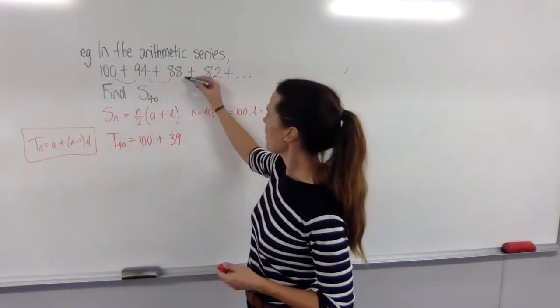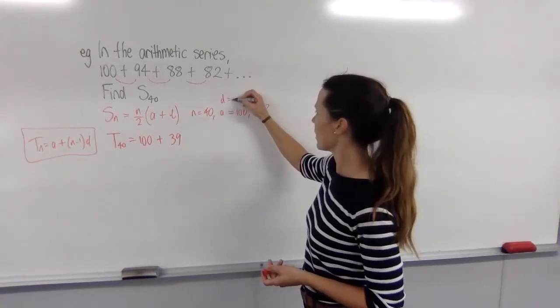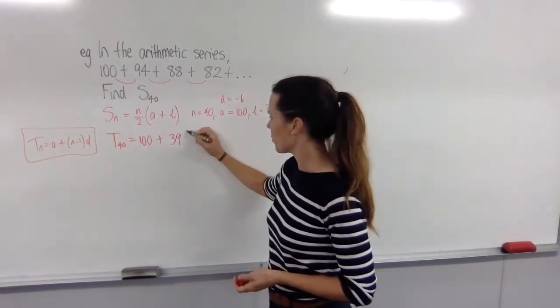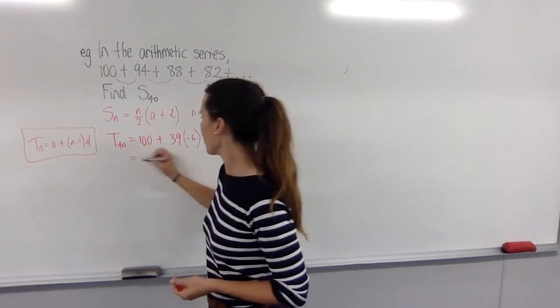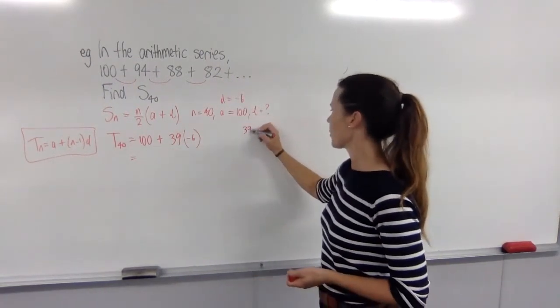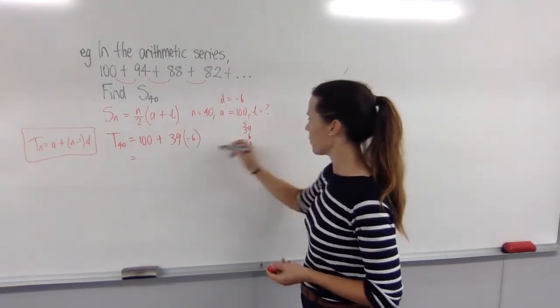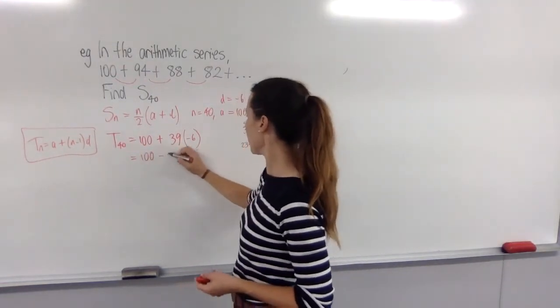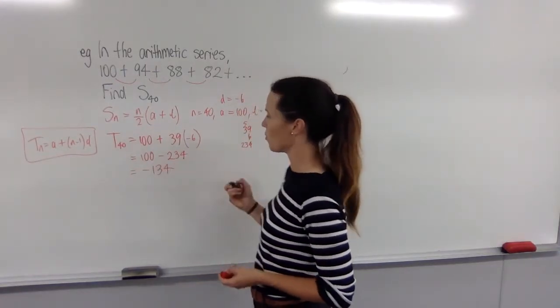What's the difference here? Well, it looks like we're adding minus 6, so I could slot that in here. So we need 39 times minus 6. So you can go ahead there and work that out. I've got 39 sixes is 234, and I've got 100 minus 234, and that gives me minus 134.